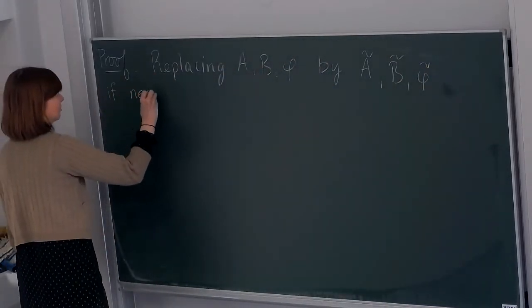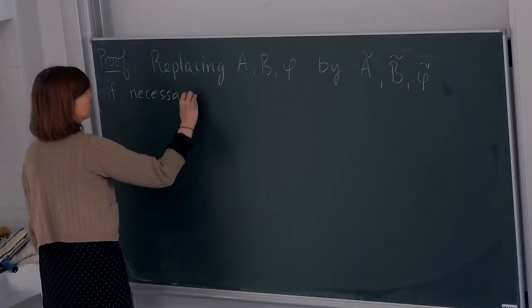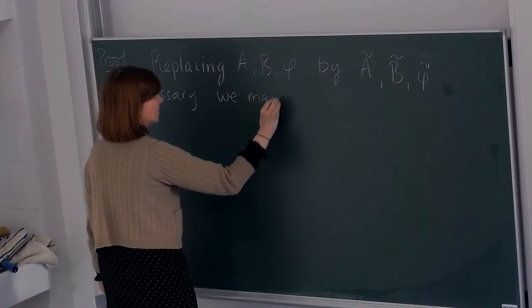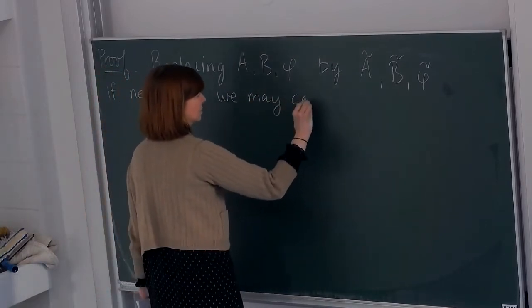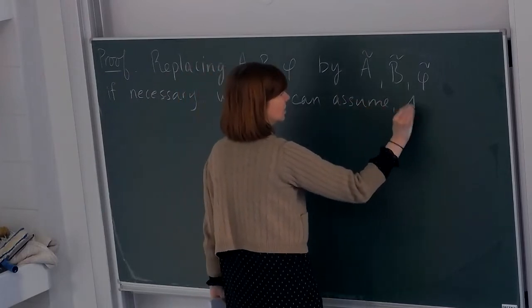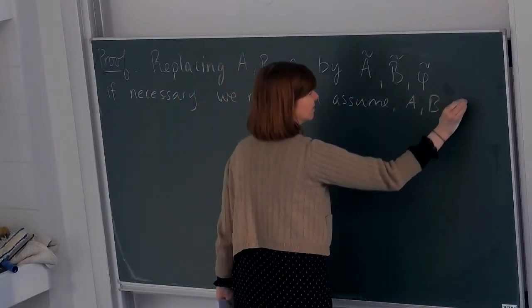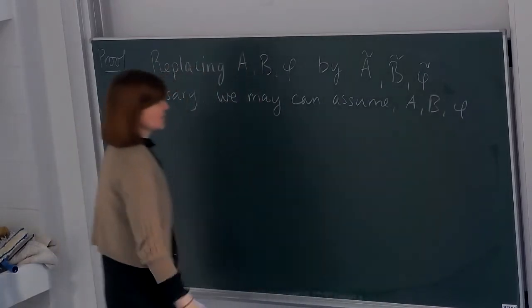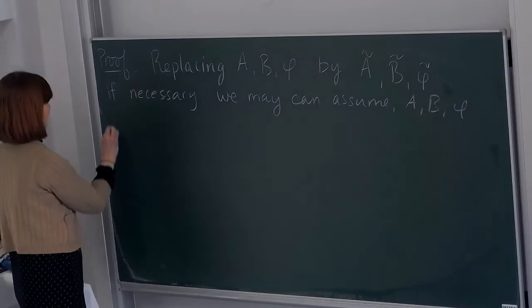And if they are unital, we'll just leave them as they are. We can assume that A, B, and phi are all unital. So recall that a unital star homomorphism just maps the unit of A to the unit of B.